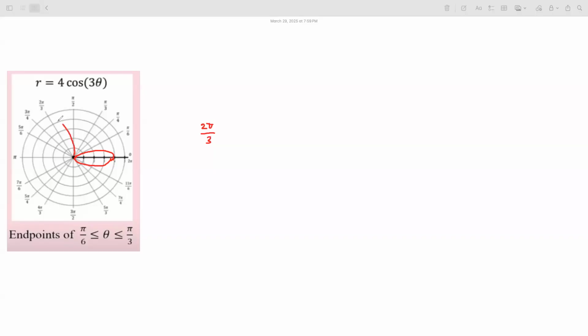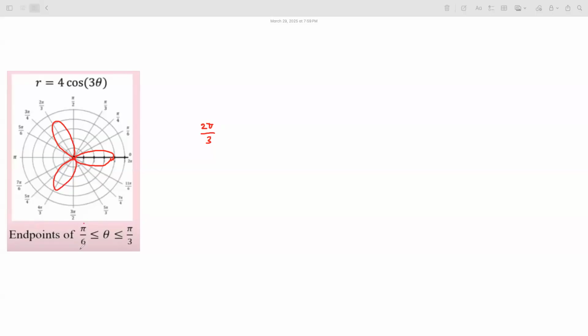So the next one is going to be here, and then wouldn't it be at 7 pi over 6 and 4 pi over 3, in the middle of that? So the third one is going to be what? Again, 2 pi by 3 plus 2 pi by 3, which is 4 pi by 3. So that's going to be here. Make sense?